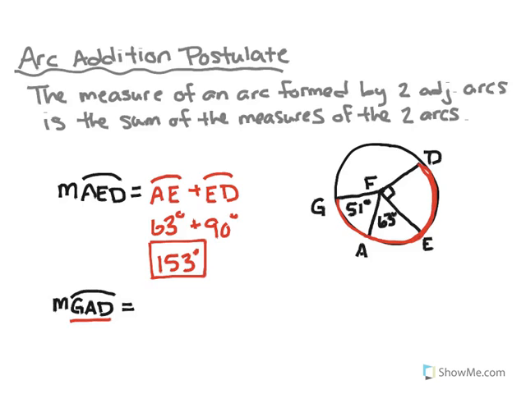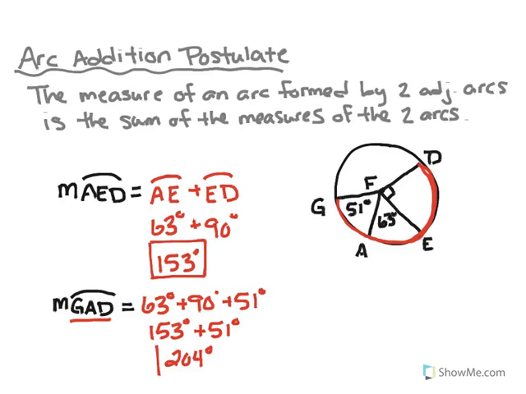So if this was my problem, I would take all 3 of those arcs and add them up together. I would do 63 plus the 90 plus the 51. That was the 153, and now I'm going to add 51 to that, which gives me 204 degrees. And that will conclude this tutorial.